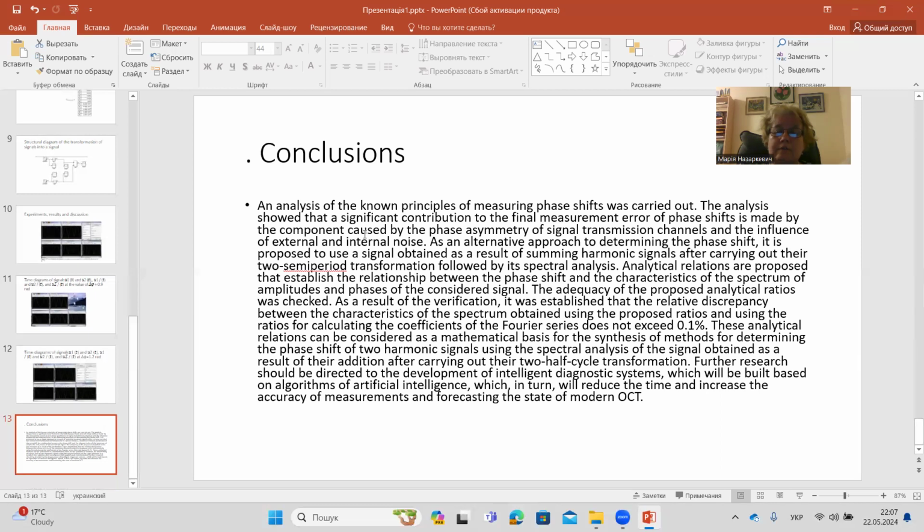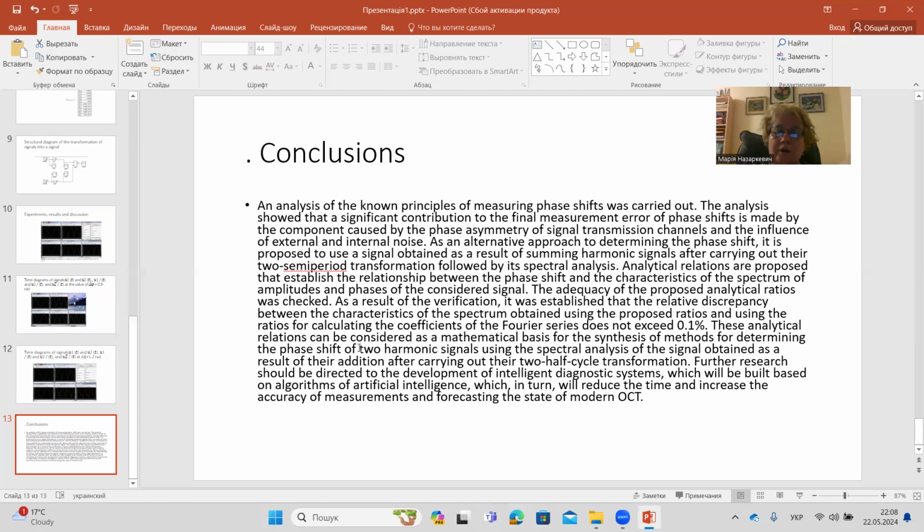As a result of the verification, it was established that the relative discrepancy between the characteristics of the spectrum obtained using the proposed relations and using the relations for calculating the coefficients of the Fourier series does not exceed 0.1%.